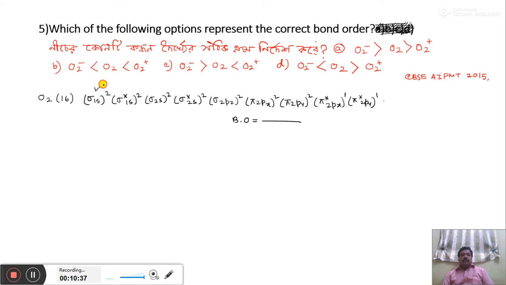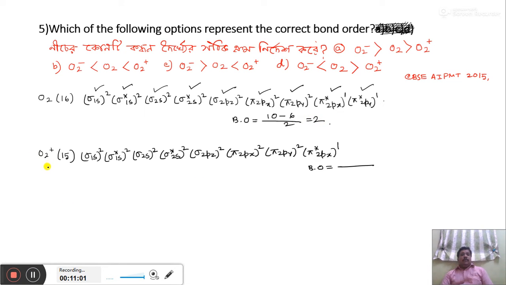It contains sigma 1s, sigma 2s, sigma 2pz, pi 2px, pi 2py, 5 BMOs, with 10 electrons present in BMO. And sigma star 1s, sigma star 2s, pi star 2px, pi star 2py, these 4 ABMOs contain 6 electrons, so its bond order is 2.